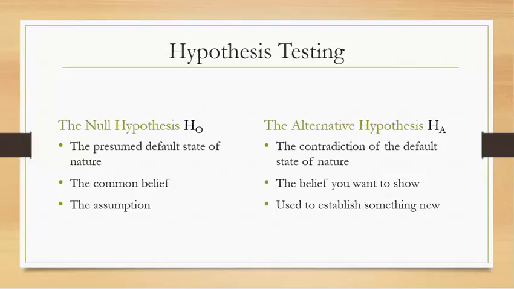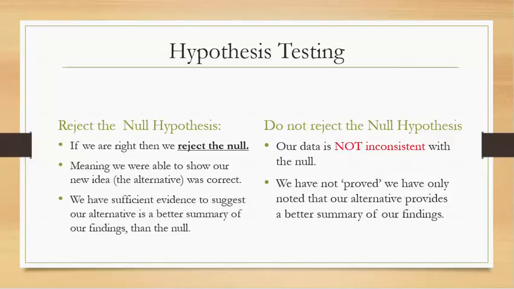This is what we're trying to test and show, that this actually works better than that, and it is indeed what you're trying to show in your study, because in many cases we're trying to establish that something is actually new and different and works better this way than the previous way.